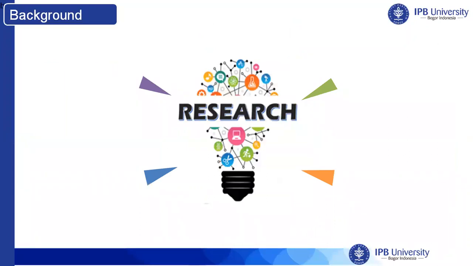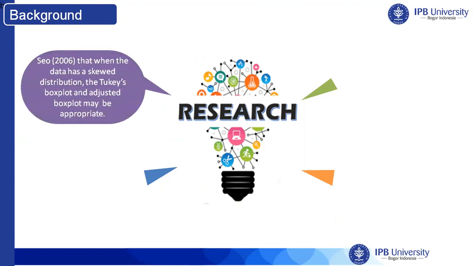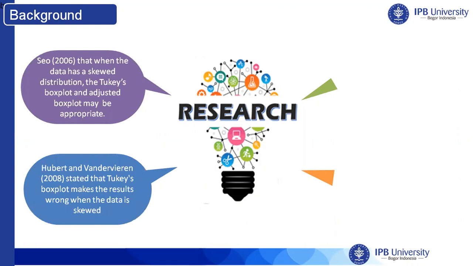Until now, much research has also been carried out comparing outlier detection methods to obtain the most accurate method, like Seo 2006, who found that the two-case box plot and adjusted box plot may be appropriate for data with skewed distribution. But Hubert and van der Veeken 2008 state that the two-case box plot makes the result wrong when the data is skewed.